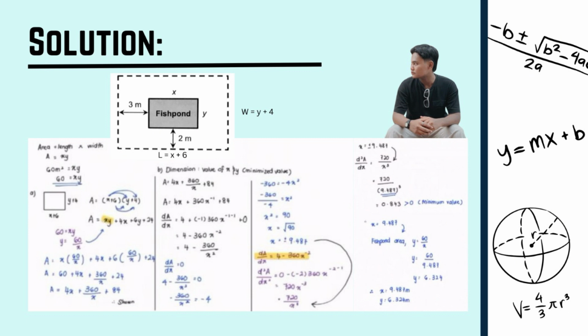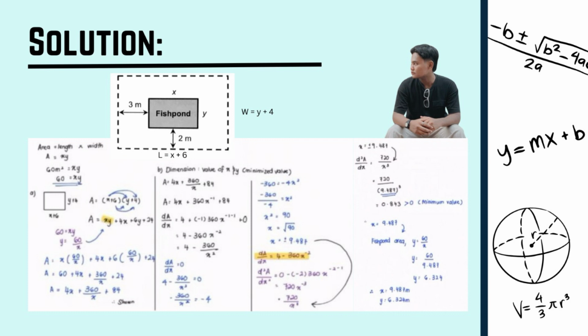So the equation for the combined area is A equal to 4x plus 360 over x plus 84. Then A equals 4x plus 360x to the power of negative 1 plus 84.